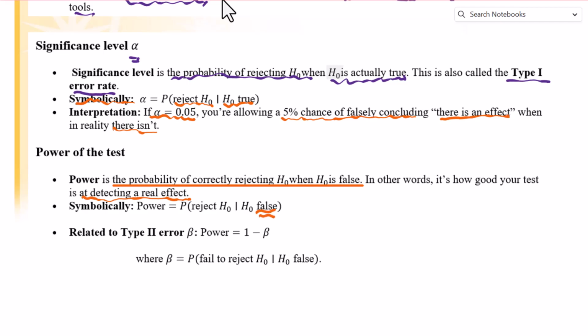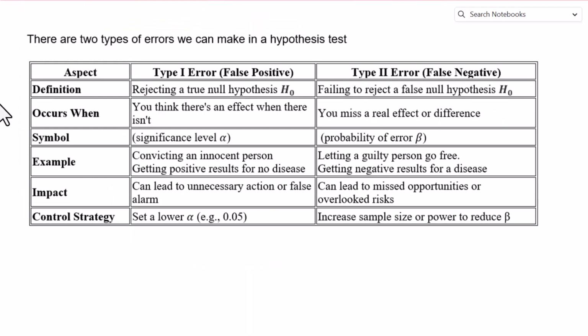Related to type 2 error beta: beta equals the probability of failing to reject H0 given that H0 is false.